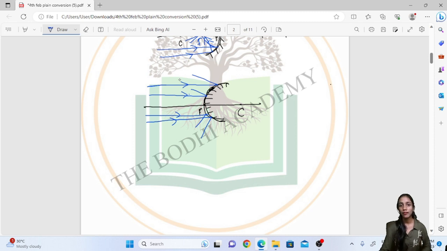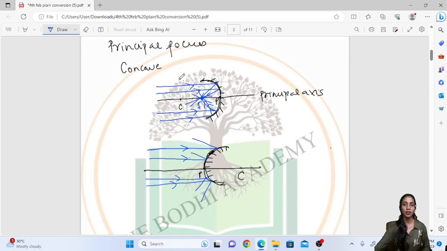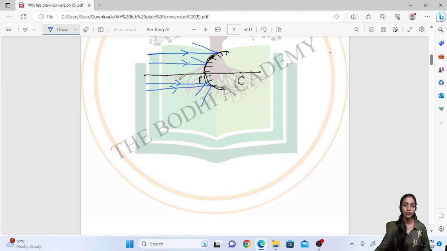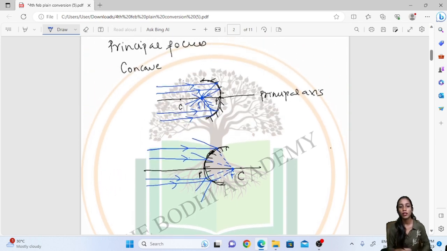They are diverging from a single point. Over here they are converging and meeting at a single point, and in this case they are diverging from a single point. And so we have to show that point in dashed line. This point is called the principal focus of the convex mirror.